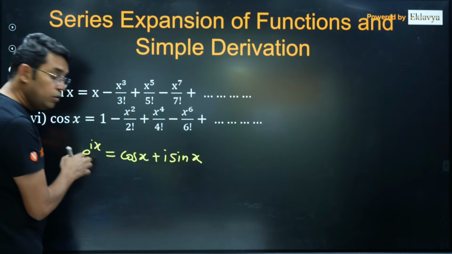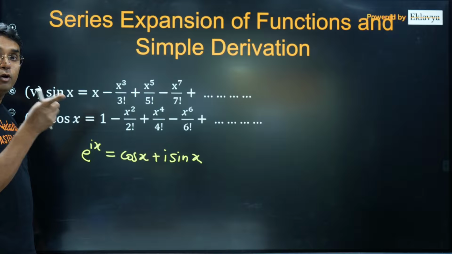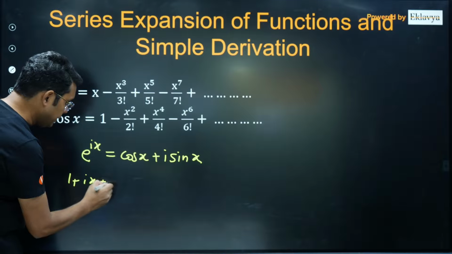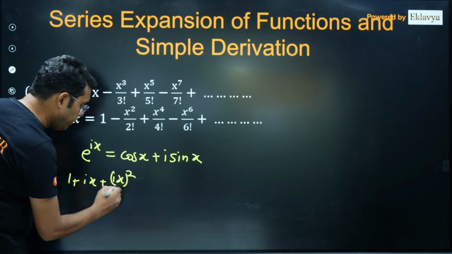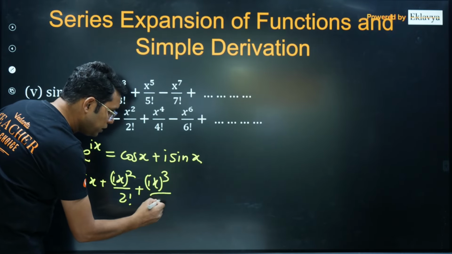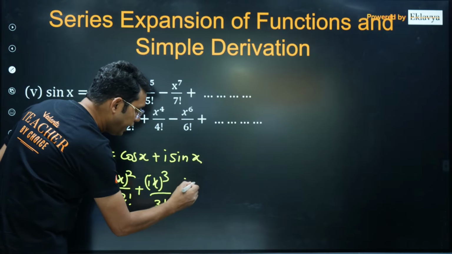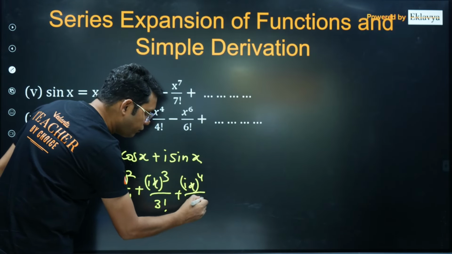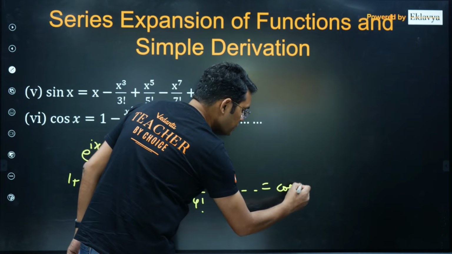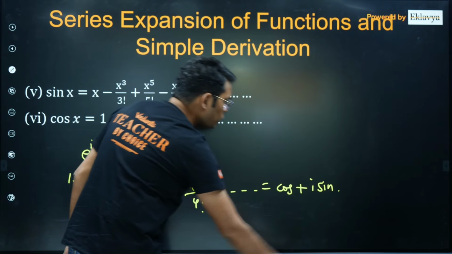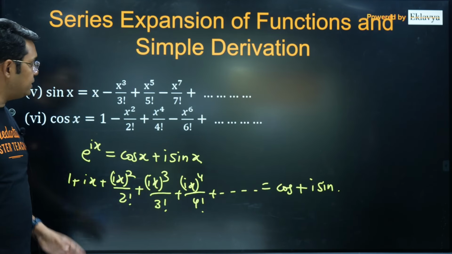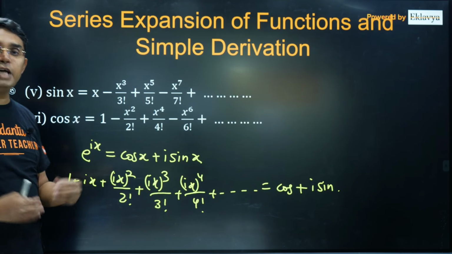Then you expand e power iota x using the formula of that first one, that is 1 plus iota x plus iota x whole square upon 2 factorial plus iota x whole cube upon 3 factorial plus iota x whole power 4 upon 4 factorial and so on. That is equal to cos x plus iota sin x. Now you have to compare real parts and imaginary parts on both sides. You will get sin x and cos x both simultaneously.